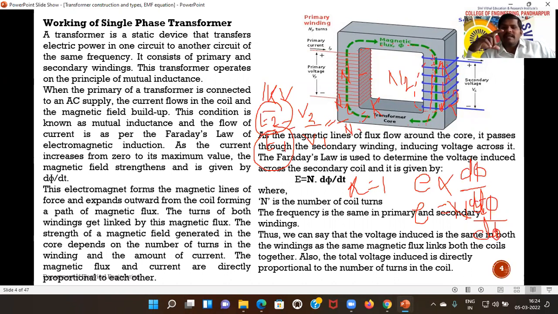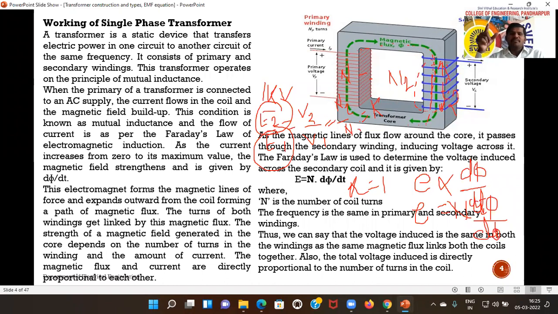And when the supply is given to one coil, mutual induction happens. That means according to the mutual induction principle, some EMF is induced in the secondary coil. So this EMF is induced in the secondary coil due to the mutual induction principle, or it is induced mutually.